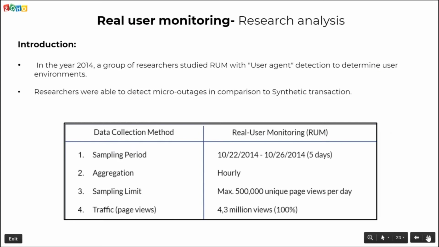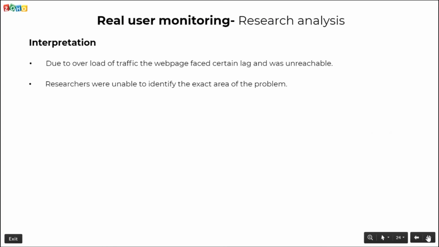They found that the traffic was about 4.3 million views, which was about 100 percent. They interpreted that because of the overload of traffic, web pages were facing some lag and some were unreachable too, but they were unable to identify the exact area of the problem, like why this particular user is facing this particular issue. That minute detail they were not able to identify.